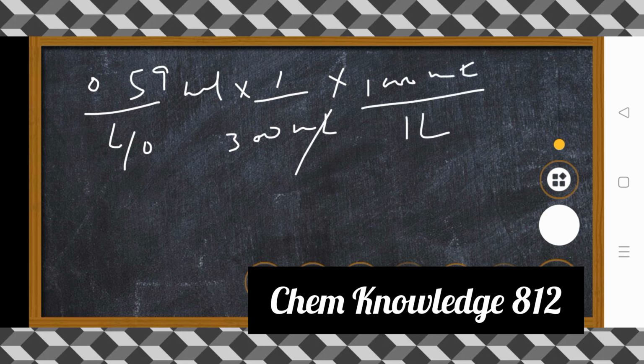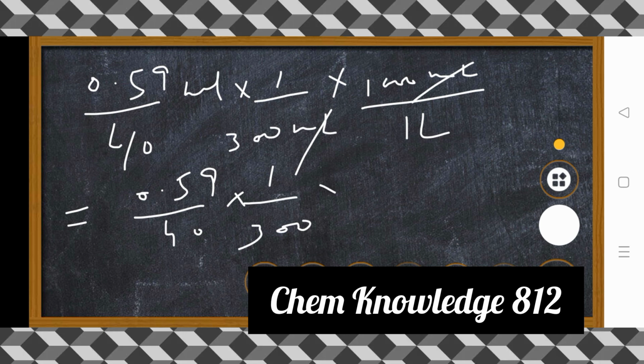The ml unit will cancel each other, and in this case we will get 0.59 divided by 40 into 1 by 300 into 1000 mole per liter.